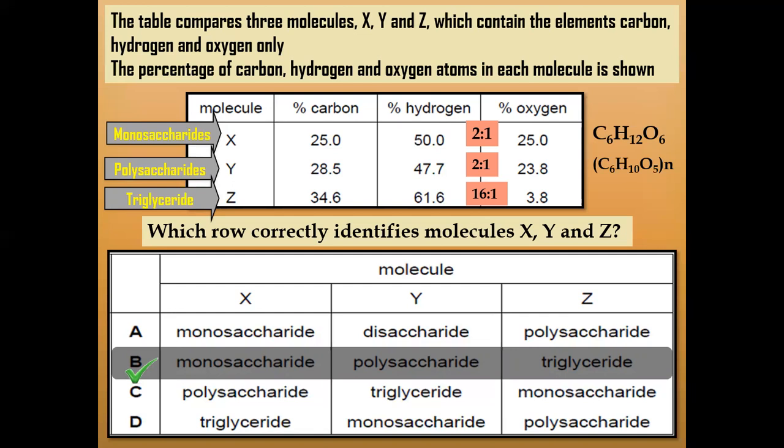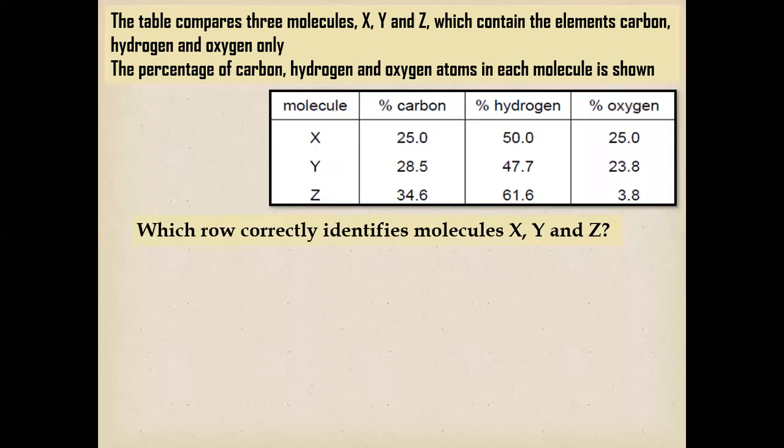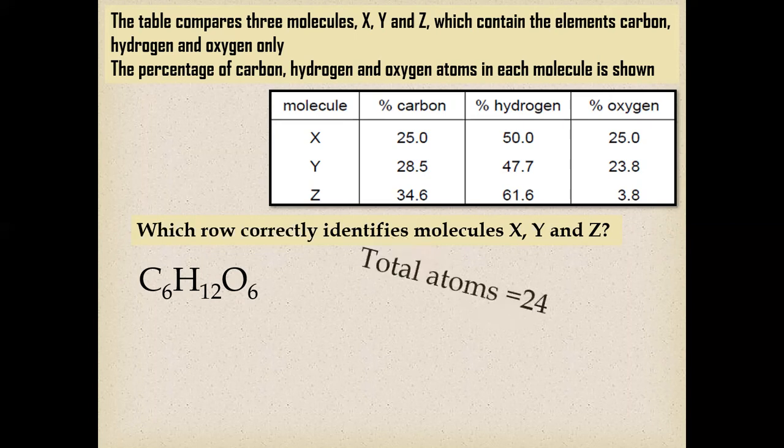We can identify how to use this formula to find the percentages for X and Y. Here in the table, this information is given, and we are going to identify the monosaccharide. Monosaccharide has the formula C6H12O6, and the total number of atoms in this formula is 24.